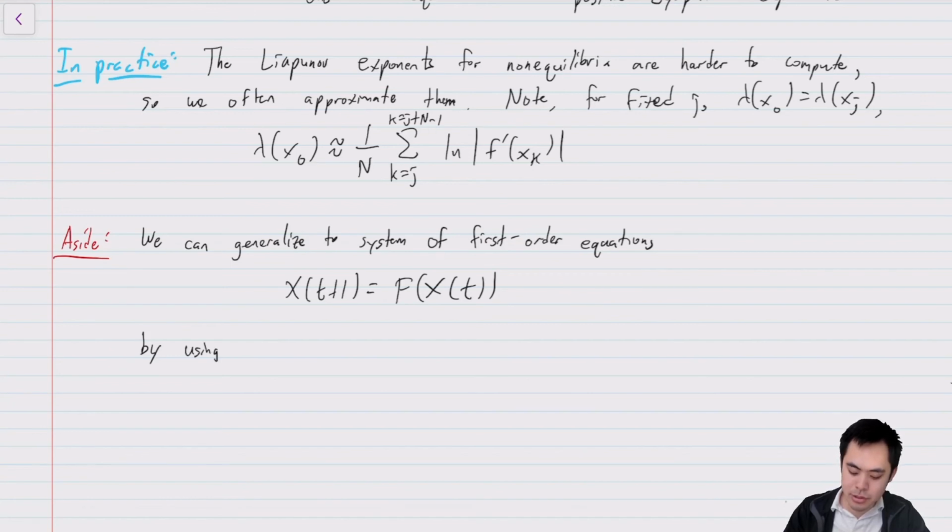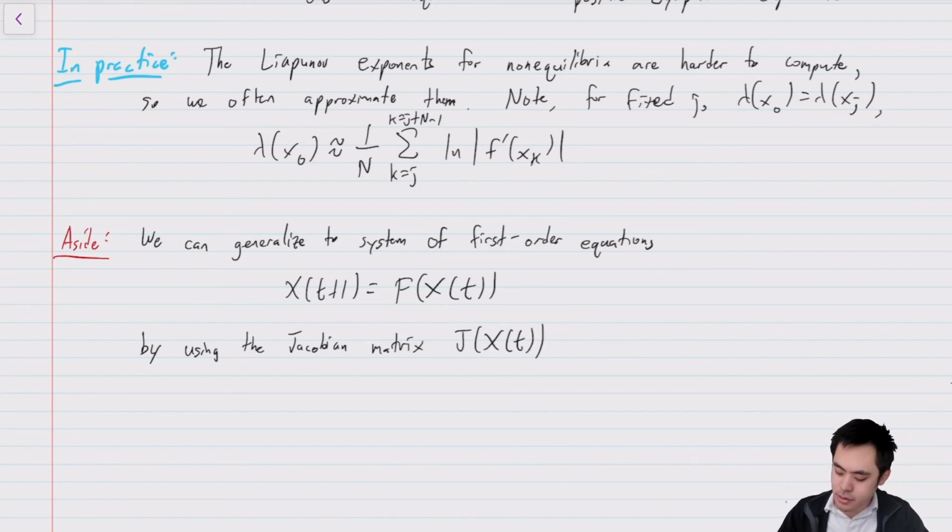We can do this by using the Jacobian matrix J of x of t, which we'll cover a little bit more in the upcoming lectures, and which you should have seen in your multivariable calculus class.